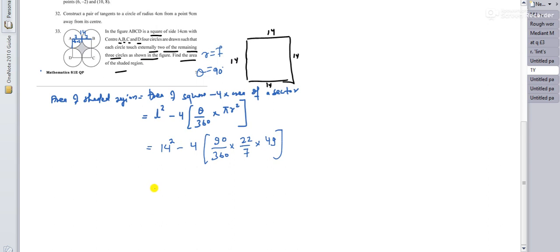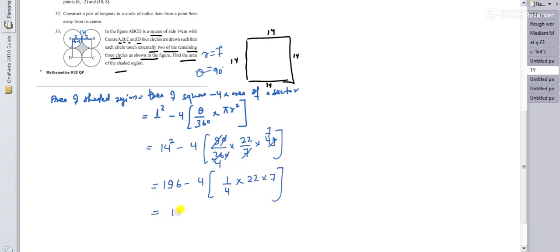So I'll write it directly. This is 196 minus 4 into, this will get cancelled, 90 by 360 is 1 by 4, into, this can also get cancelled, 7 sevens are 49, so we'll get 22 into 7.